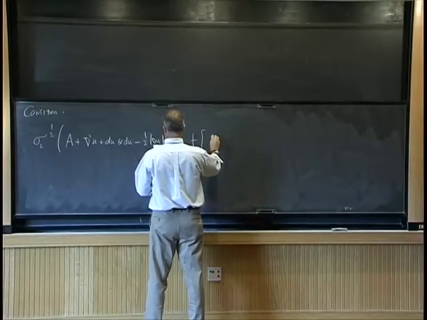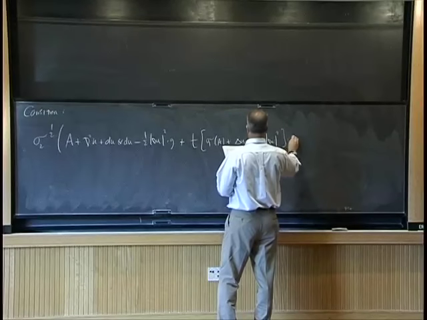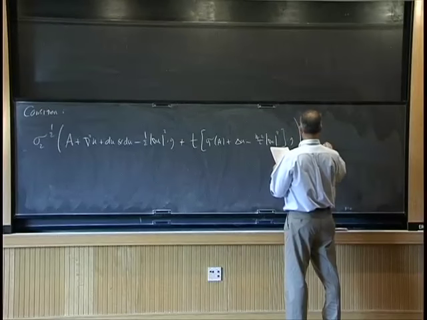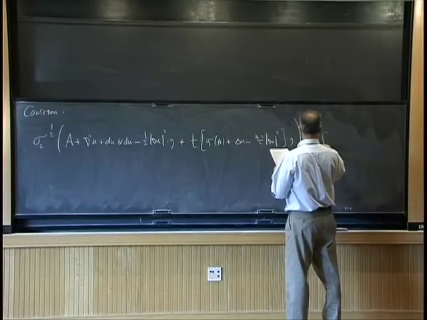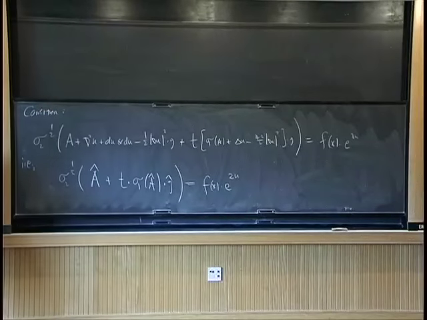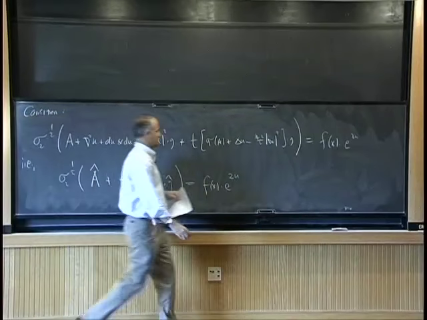Plus t sigma 1 of A g is equal to f of x times e to the 2u. So what I'm doing here is taking sigma 2 of the conformal Schouten tensor plus a parameter t times the trace of the conformal Schouten tensor times g hat, and I'm setting that equal to this function f I've defined over there, times e to the 2u. And let's call this equation star t.